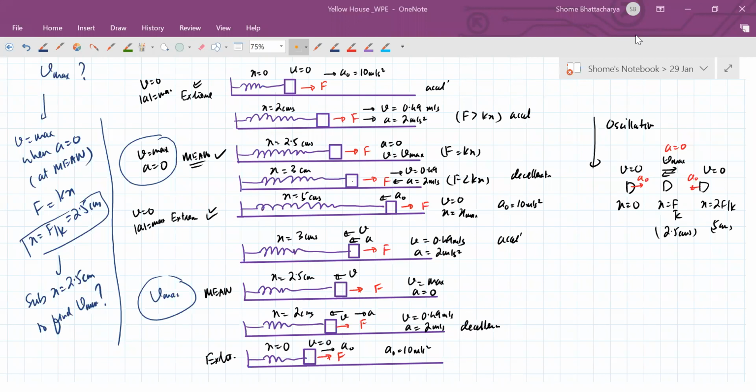So what is the value of Vmax you are getting? Anmol, you have got it, but the others calculate the value of Vmax and tell me.